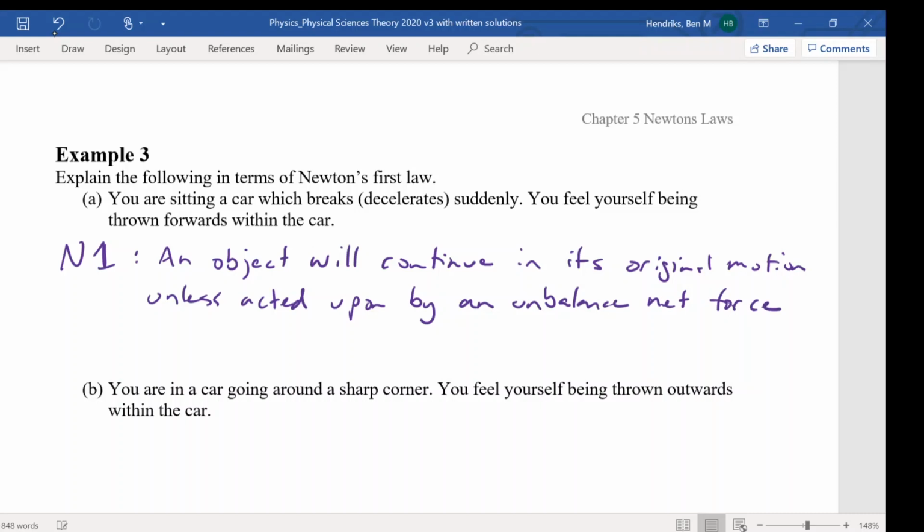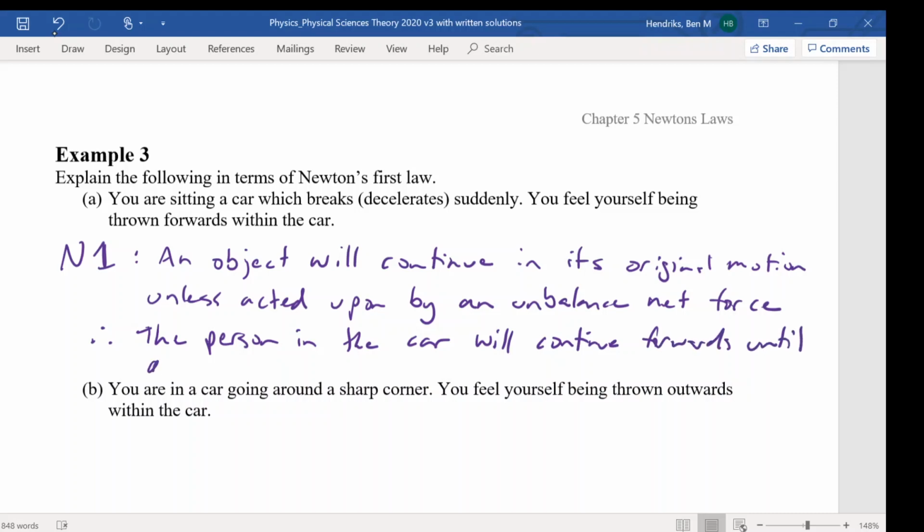So the person in the car wants to keep on going, therefore the person in the car will continue forwards until acted upon by a seatbelt.